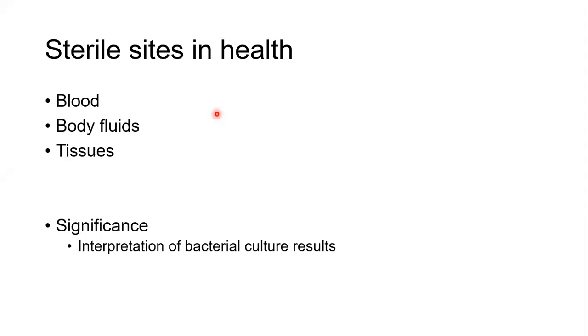So when we get to clinical microbiology, we'll take you through all this in terms of how to take a blood sample, a good quality sample that will give you a true picture of what infection the patient has, and therefore make a decision in terms of clinical management. So knowing what is sterile is important, but also knowing what is normal flora at different sites is important, because when you're getting body fluids, blood and tissues, you're going through other surfaces that could contaminate your potential sample.